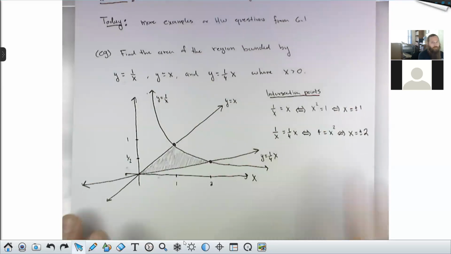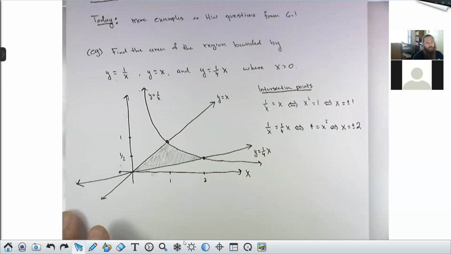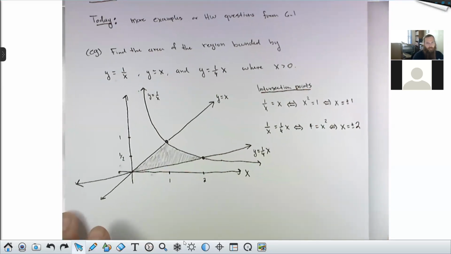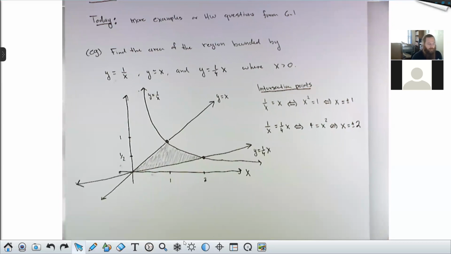Okay. So here's the region whose area I'm trying to find. And remember, in these simple cases where the functions are given to us as functions of x, we want to integrate the upper function minus the lower function.